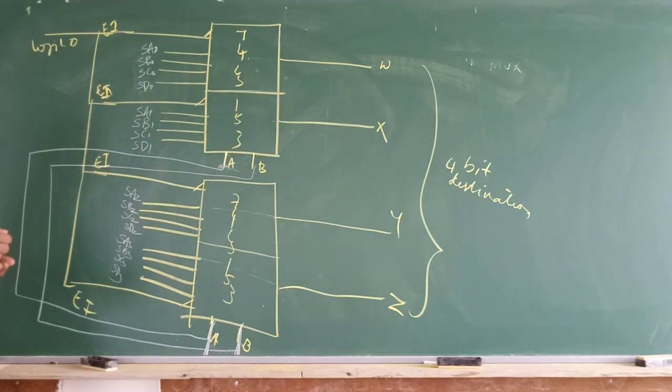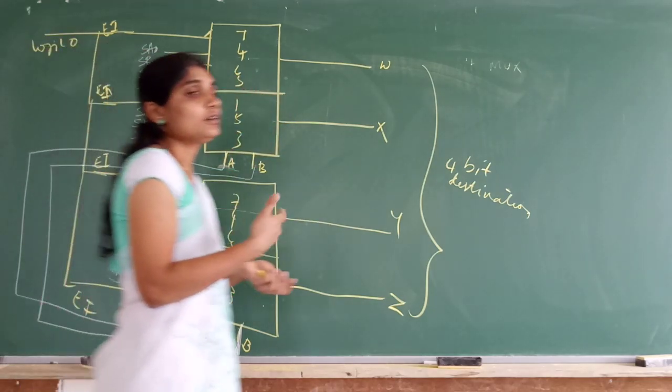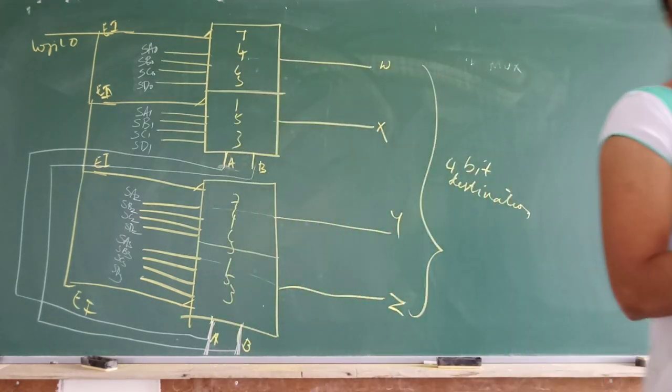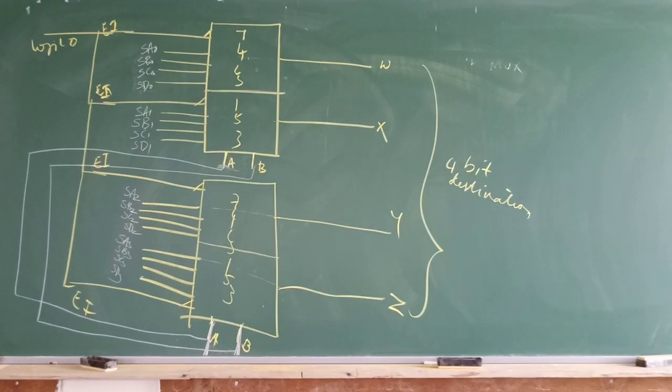Like this, you can make use of a number of lower order multiplexers and design any higher order multiplexer. That example I will write as a circuit next. But this is an example wherein we get a 4-bit output by making use of 4:1 multiplexers. We are using only 2 ICs because in a single IC we have 2 4:1 mux.